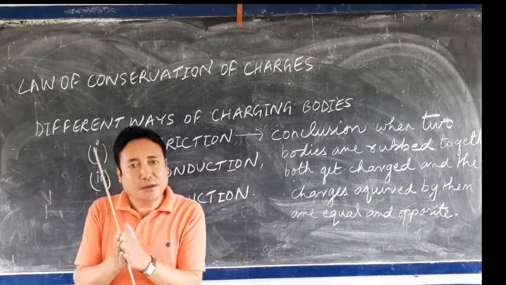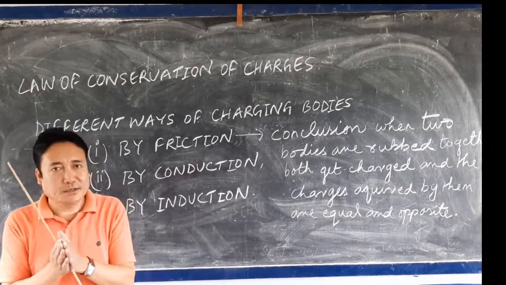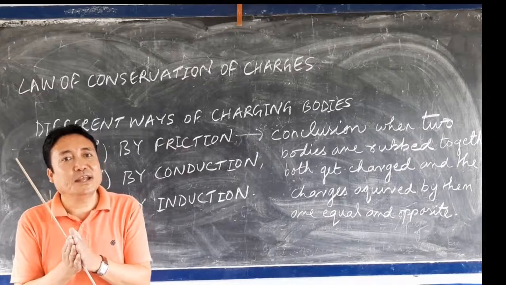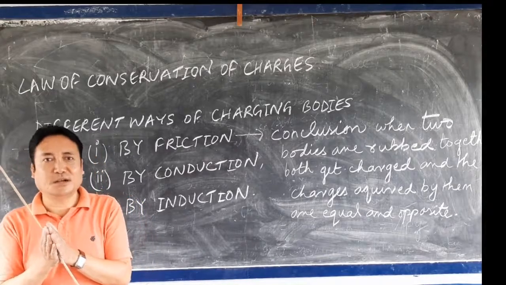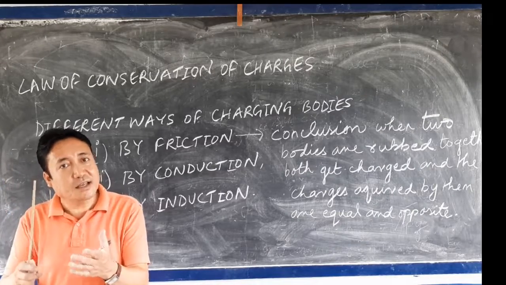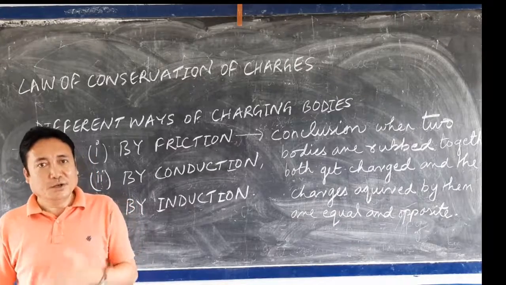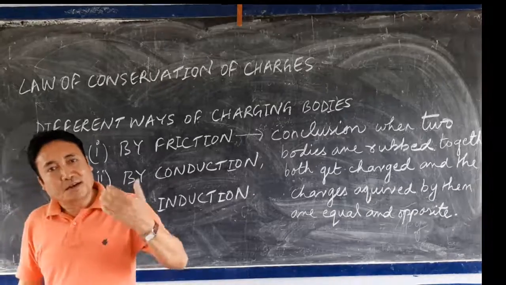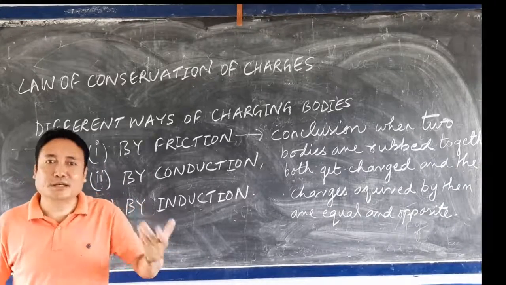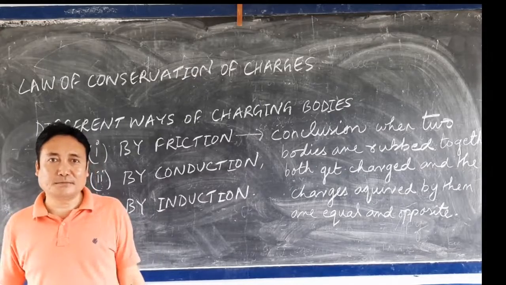When you rub the two scales together, they will not get charged, because the scales are in contact with each other. After rubbing them together, when you bring them to the bits of paper, the paper doesn't get attracted.